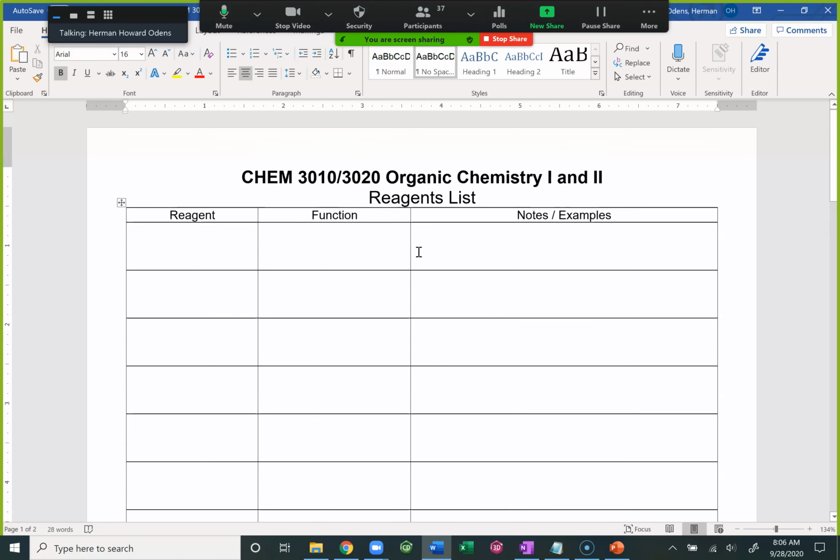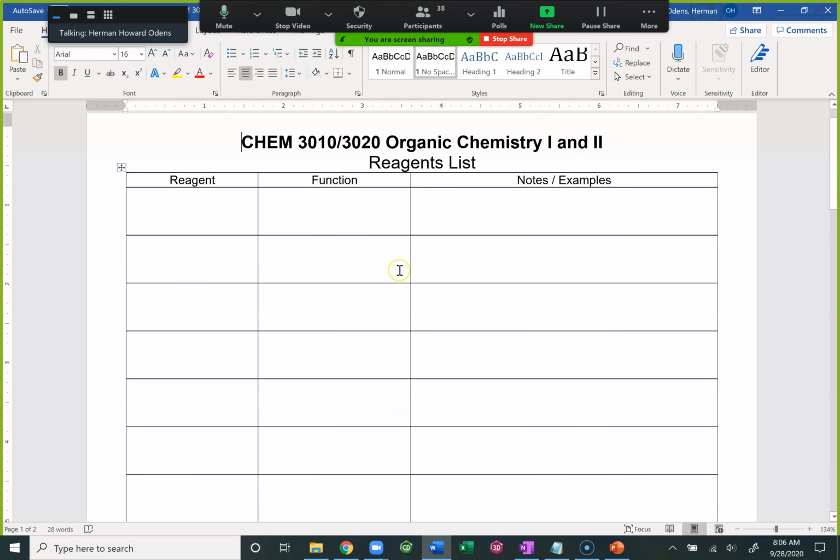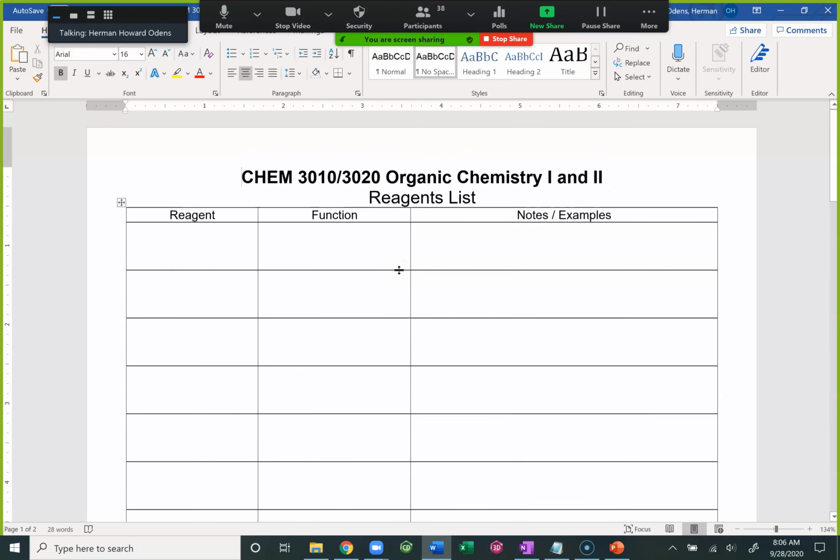For those of you planning on taking the second part, this reagents list will help you, even if you don't take my class next semester. If you take it with someone else, just continue having a reagents list. This is the language of organic chemistry.